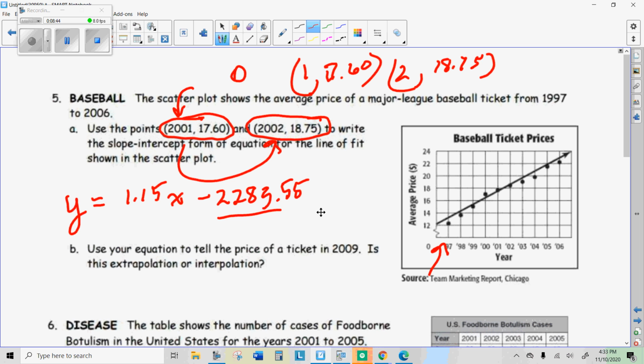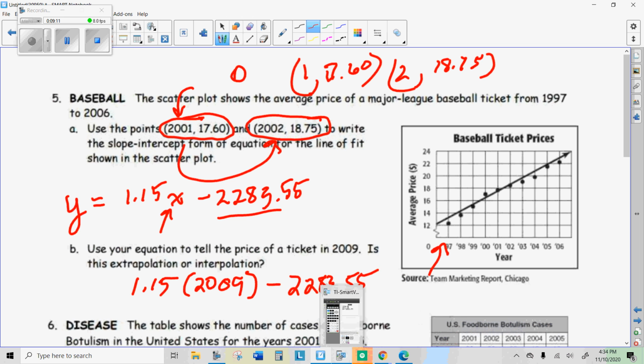Anyway, we want to use our equation to tell the price of the ticket in 2009. Now, we have to put the whole number 2009 in there for x as it sits. So we have to do 1.15 times 2009 because we entered years in the 2000s into our calculator. We'll let the calculator do that work for us though.